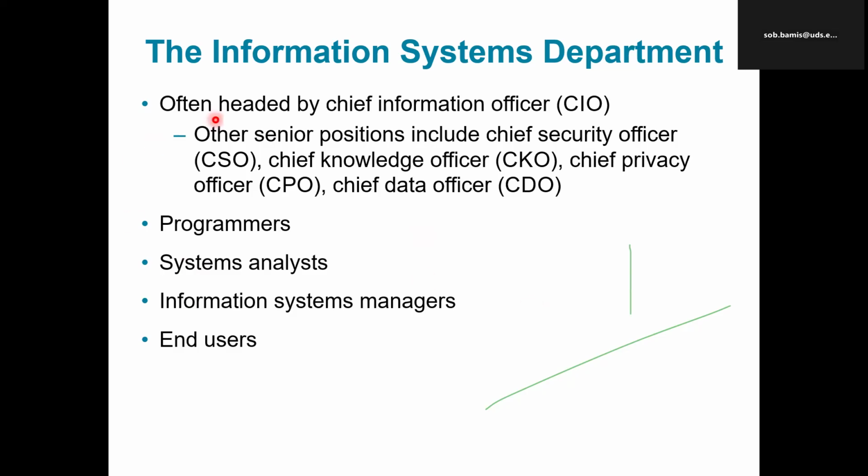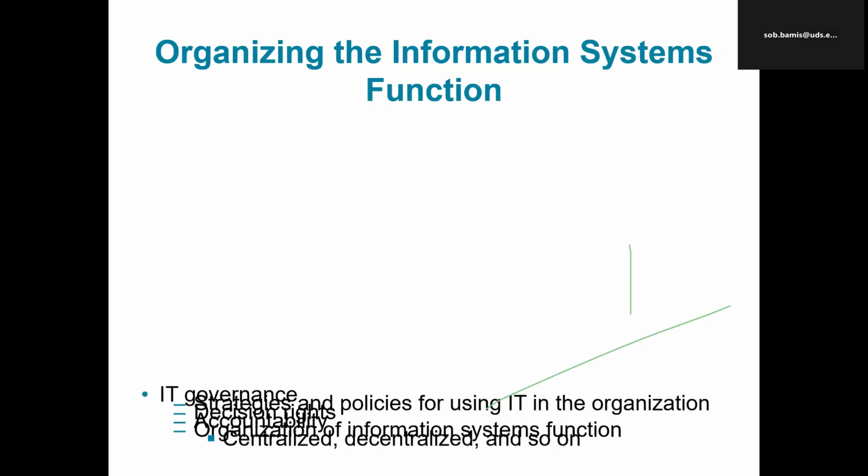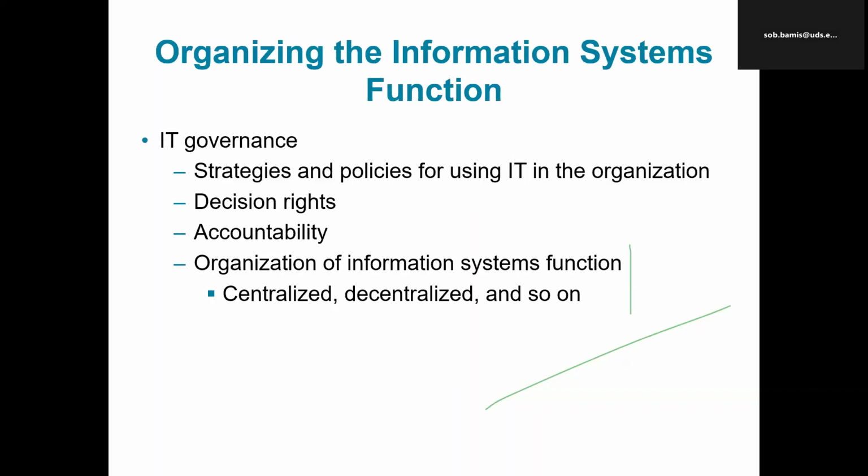So the chief information officer would work hand in hand with all these people, the information systems manager and others, to put together an effective information system for the use of the organization.